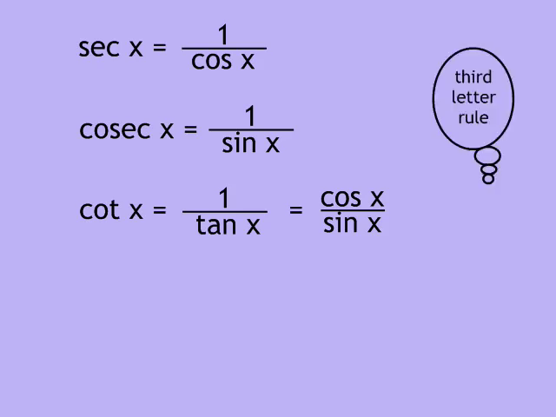Now the best way of remembering which one's which is the third letter rule. So sec x, third letter c, is 1 over cos x. Cosec x, third letter of cosec is s, that's 1 over sin x. And cot x is 1 over tan x. So the third letter of the new function gives you the first letter of the old function that you're dividing by.